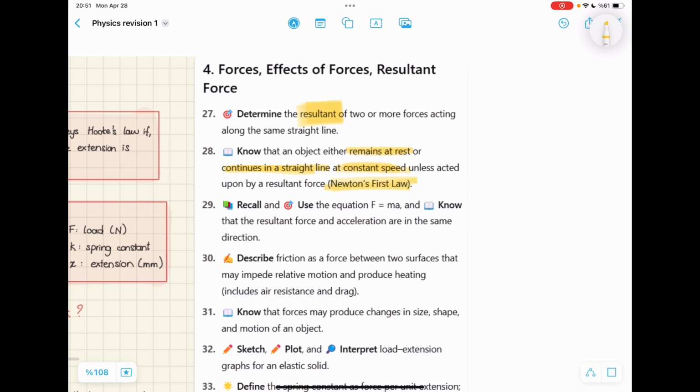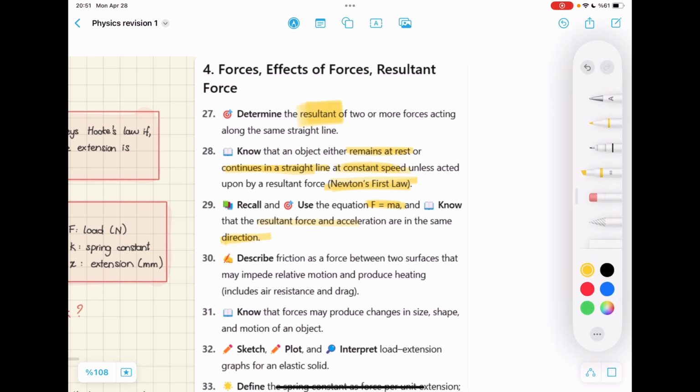We will recall and use the equation F equals ma. This is Newton's second law, and also a version of the connection between weight and mass is a version of this law. And know that a resultant force and acceleration are in the same direction.